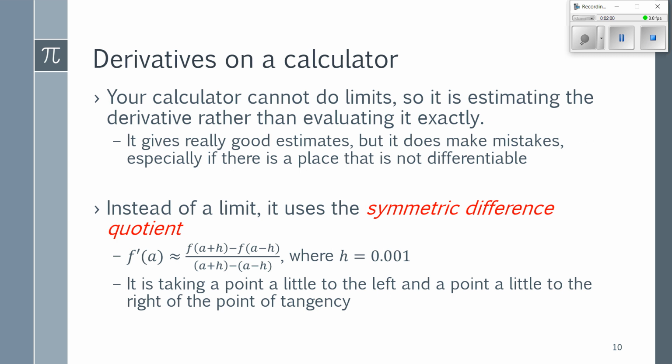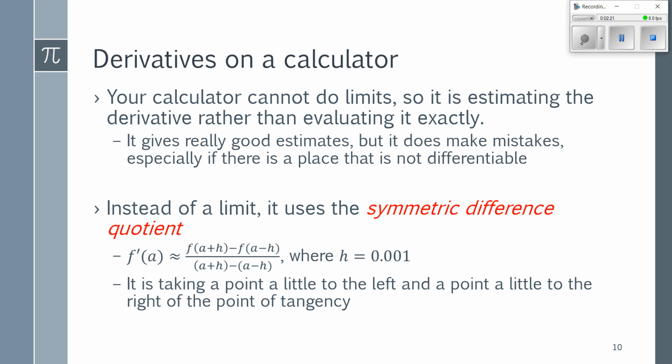So we have to be careful with this. Where calculators tend to make mistakes is at the 4 places on a graph where a function is not differentiable: at corners, at cusps, at vertical tangents, at discontinuities. The calculator doesn't always notice that they're there.